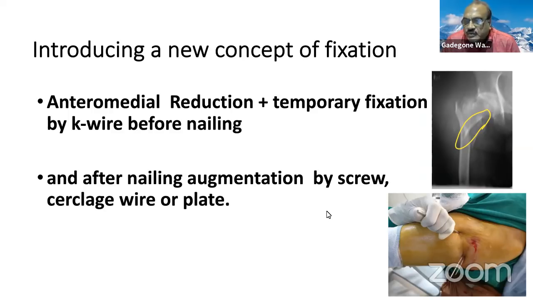And when you are doing it on a fracture table or on a simple table, it is very difficult to keep the reduction intact for a period of time. Therefore, we have to fix it by temporary fixation after reduction, that is, an anteromedial pin is pushed.